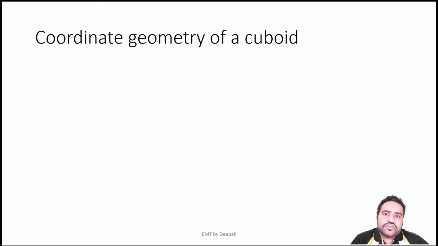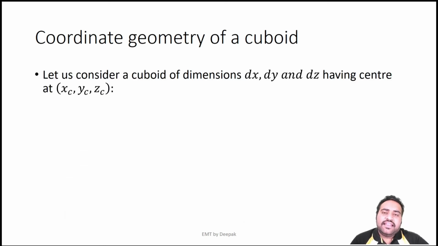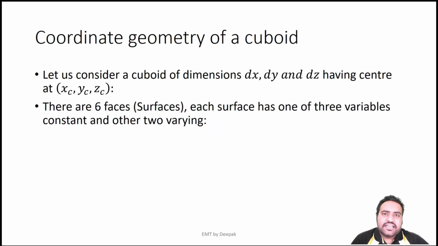Let us look at the coordinate geometry of the cuboid. Let us assume that the center of the cuboid is at xc, yc and zc. Then, there are 6 different surfaces, or some may call it 6 different faces.